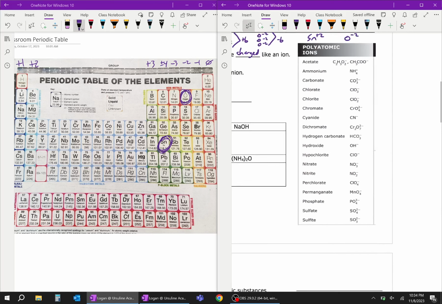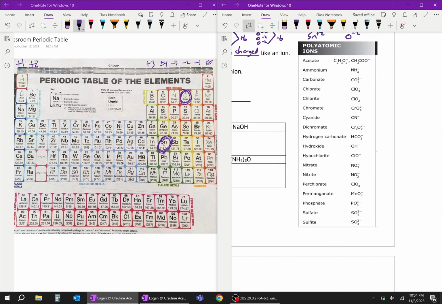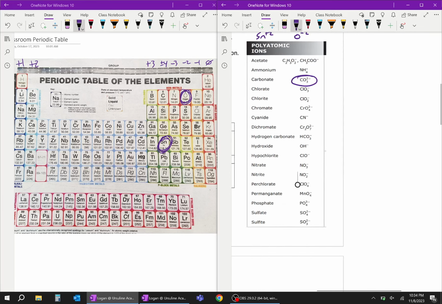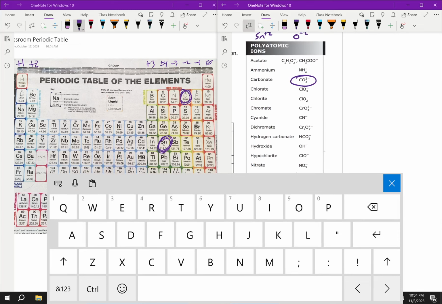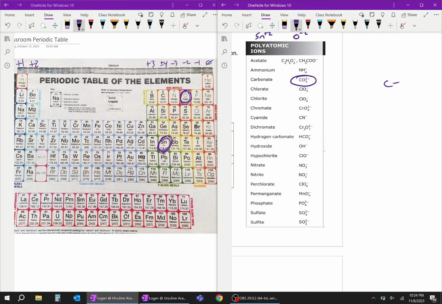Over here we have a list of common polyatomic ions. So CO3 right here, carbonate. Carbonate is going to be a carbon that is connected to 3 oxygens, might look something like this.